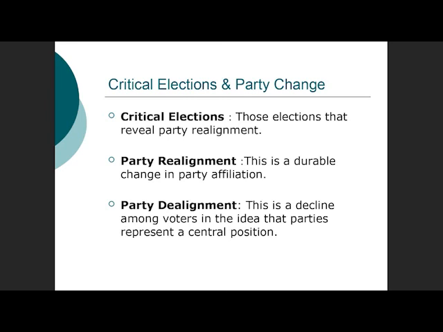What we've been seeing, though, for the last 10 years or so at least, a little longer than that actually, is something we refer to as party de-alignment. And this is where voters are having a real hard time finding a party that works for them, that represents them.